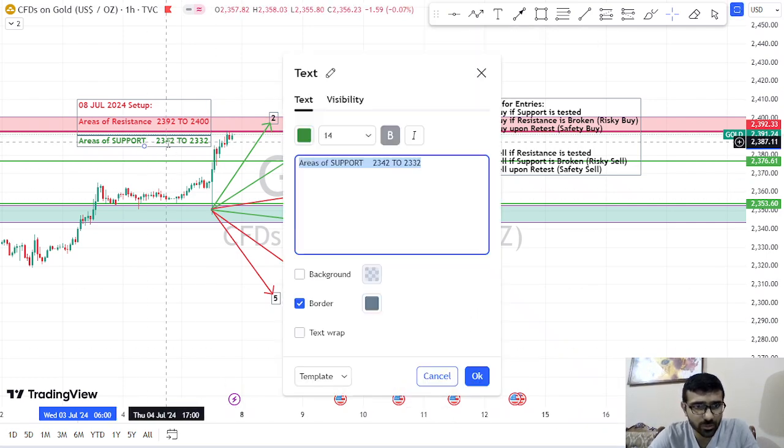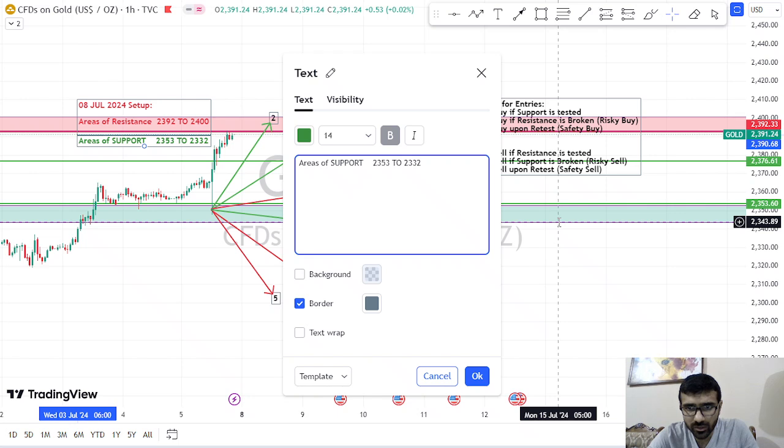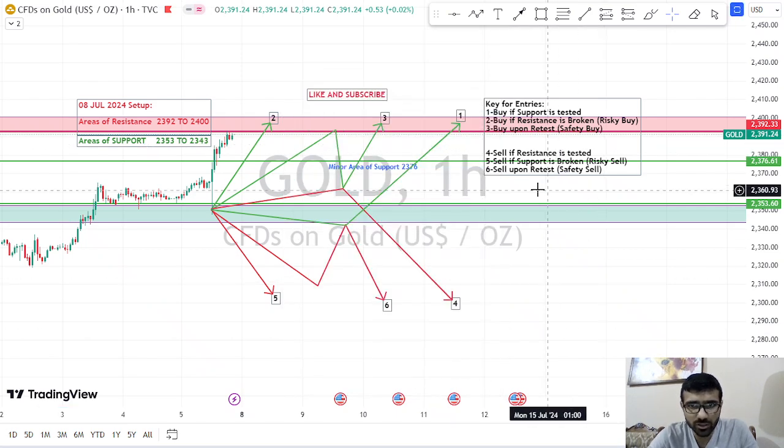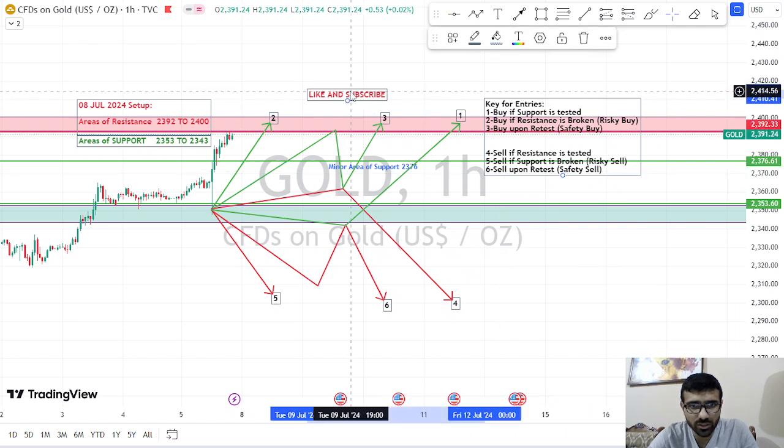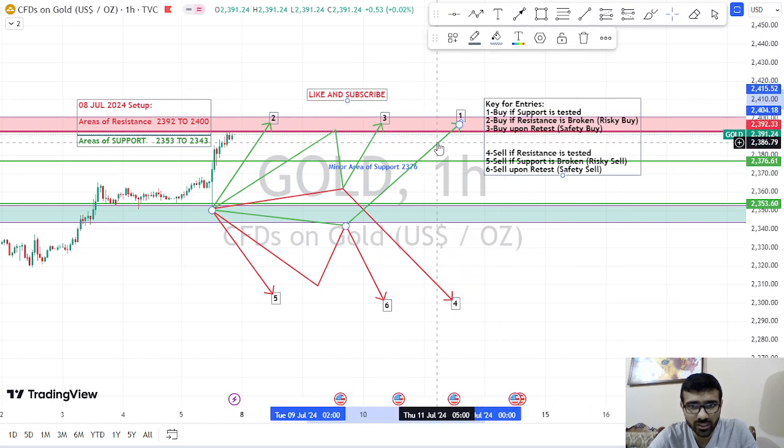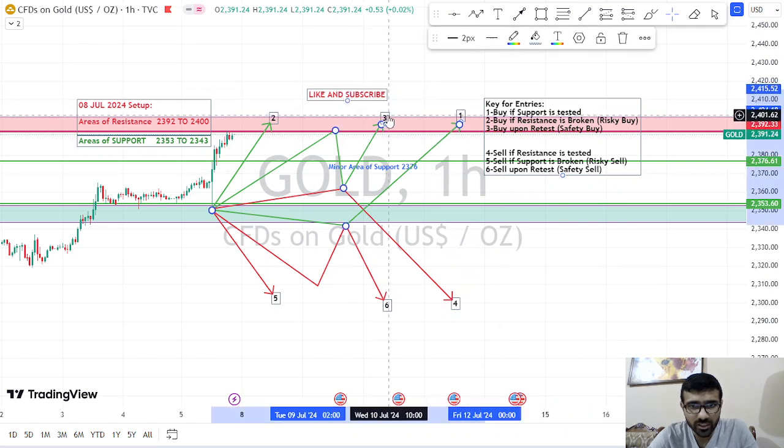The major area of support is 2353, and the lower support zone is 2343. Now let us move forward with all these scenarios so you can easily take trades in this gold versus US dollar.